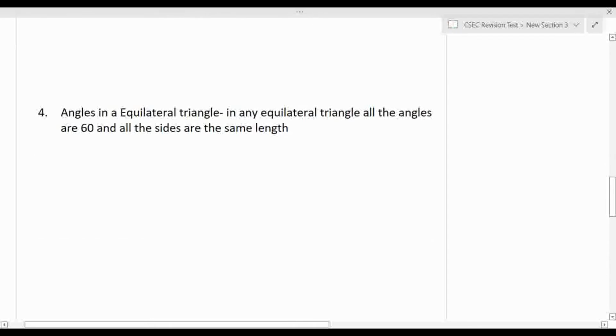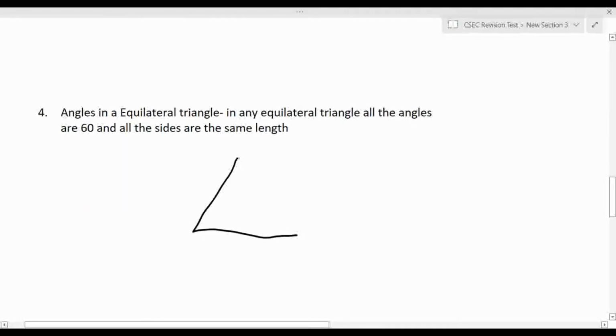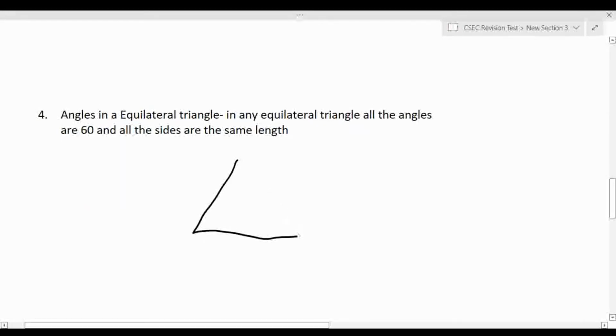Our fourth property is angles in an equilateral triangle. In any equilateral triangle, the angles are 60 degrees and the sides are the same length. We need to know how to identify it.